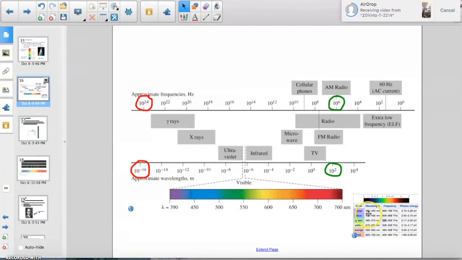So 380 nanometers will correspond to 668 terahertz, and 750 nanometers will be around 484 terahertz, and this would be the energy that corresponds to each of them. So again, this is the electromagnetic spectrum. On this side over here, gamma rays, X-rays, you have the highest frequencies. On the other side, you have the lowest frequencies, the lowest energies.